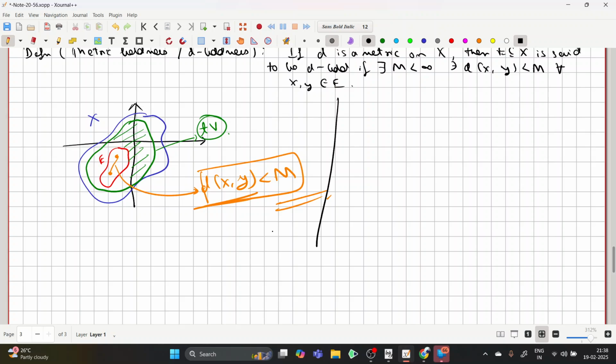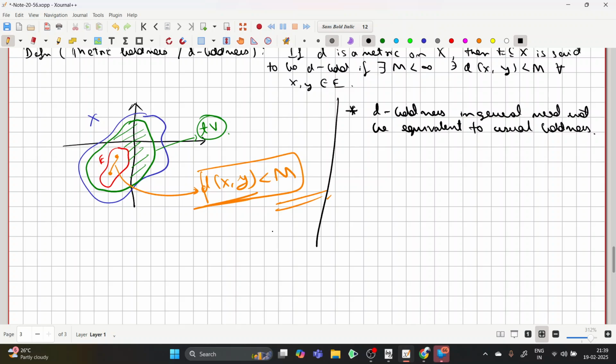Now, as I remarked, d-boundedness in general need not be equivalent in concept to the usual boundedness, but for obvious reasons we are omitting the specific example because we have not discussed the proof of the metrization. The proof is a bit complicated to talk about, but we will still try to give a proof of it later.